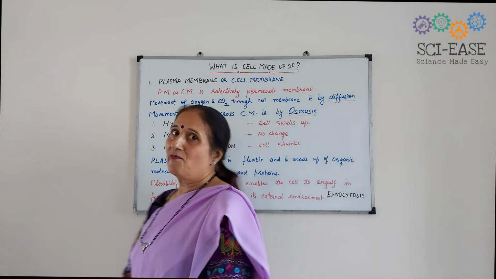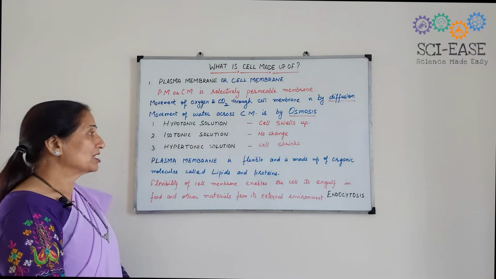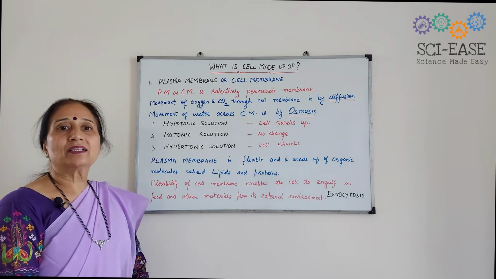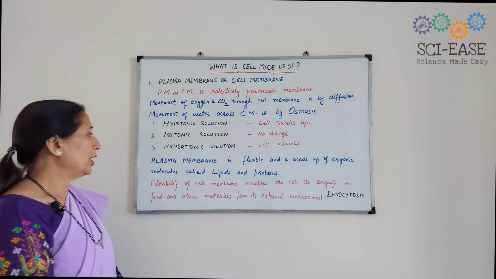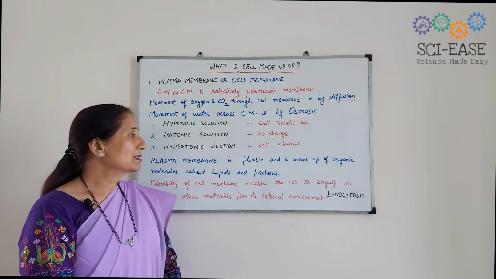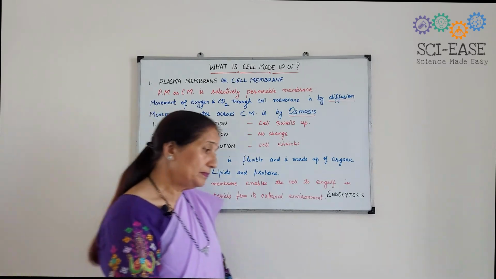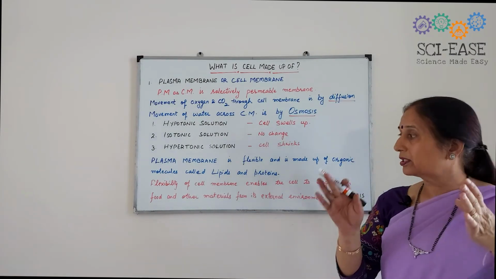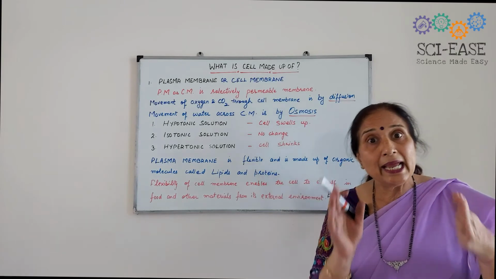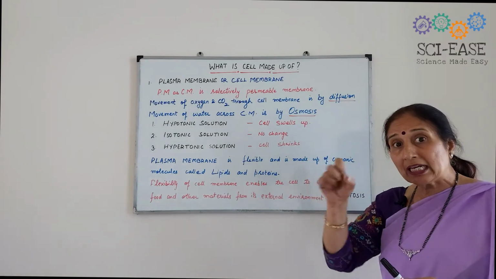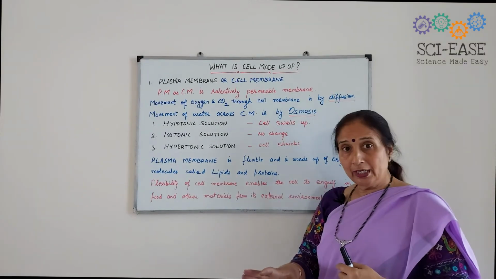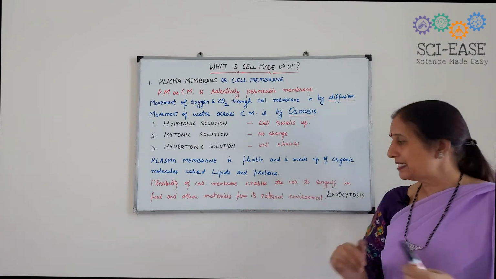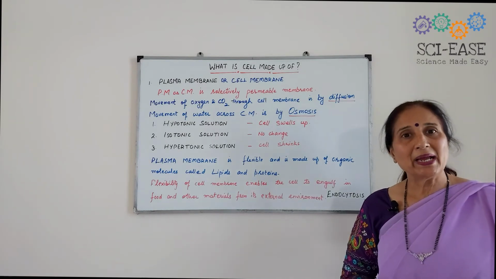One thing I want to tell you is that the plasma membrane is flexible and is made up of organic molecules called lipids and proteins. This flexibility of the plasma membrane enables the cell to engulf food and other materials from its external environment.